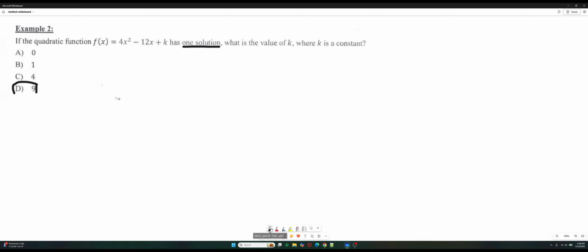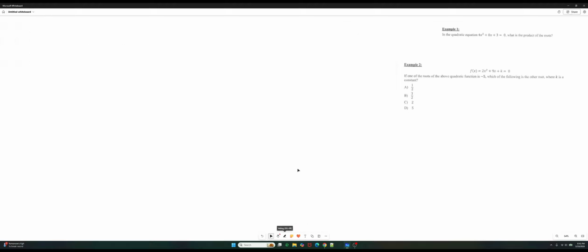Now I'll be moving on to more topics, and I'll also be getting more practice questions. Okay, so the next quadratic topic we're going to be talking about is the sum and products of solutions.